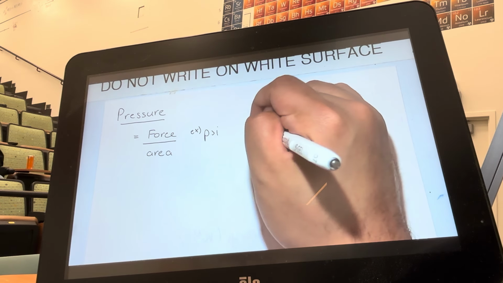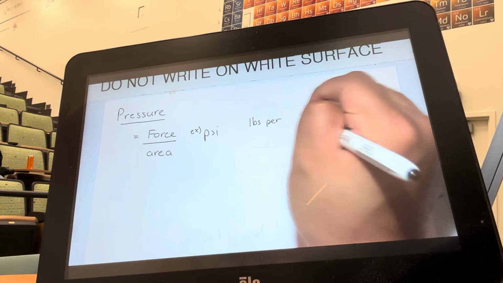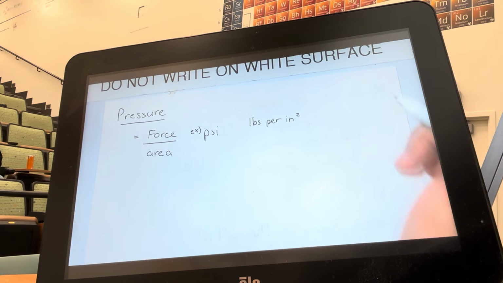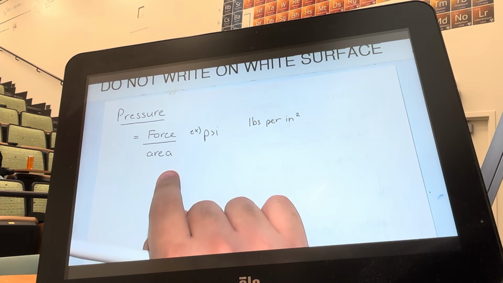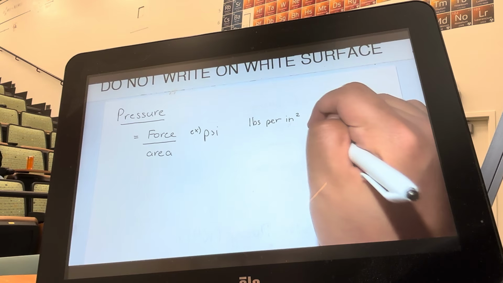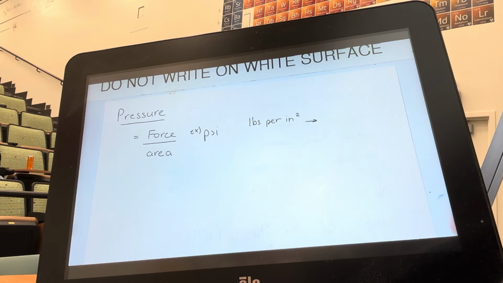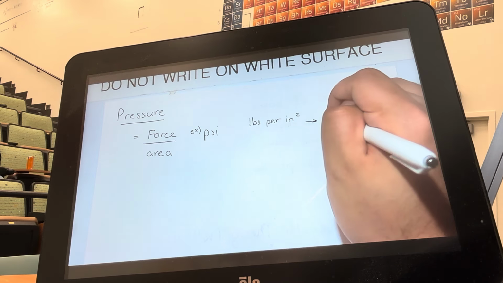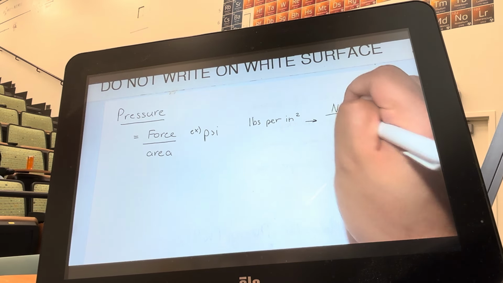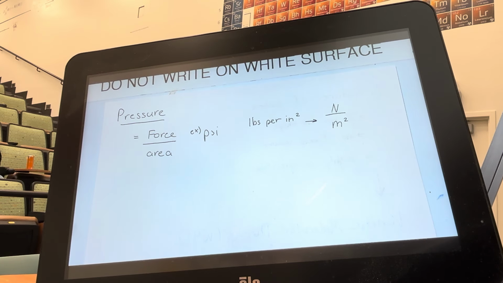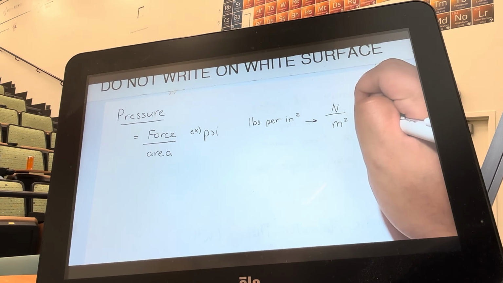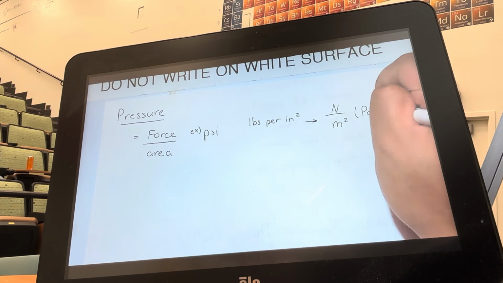PSI stands for pounds per inch squared. Pounds is a force, inches squared is an area. How basically everyone else in the world does it is newtons over meters squared, and that is also known as a Pascal, Pa.